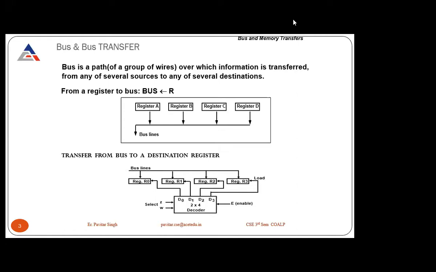One decoder has been attached, with the help of which we can transfer the data to D0, D1, D2 and D3, right? And we have two selection lines, Z and W. So let me show you on the board.